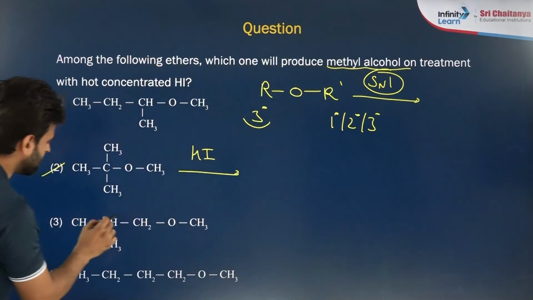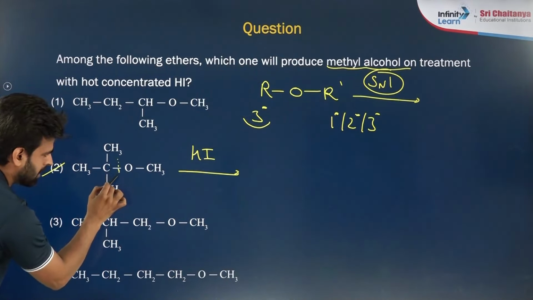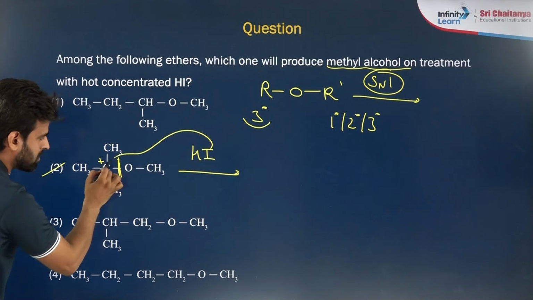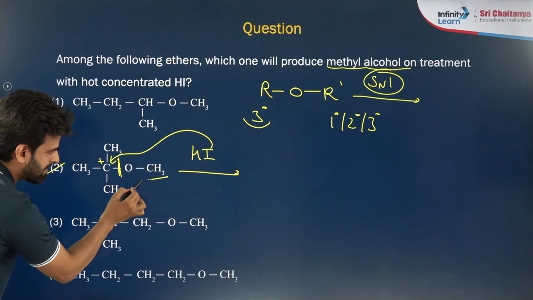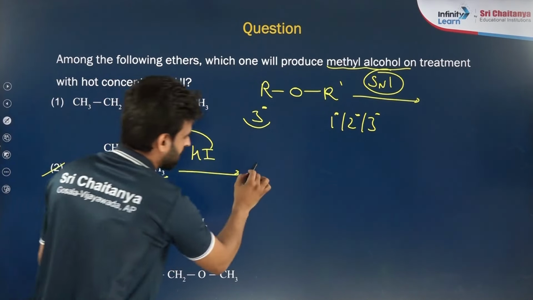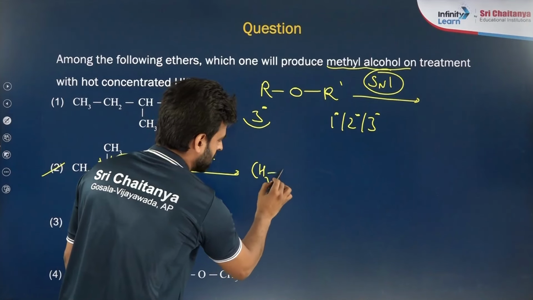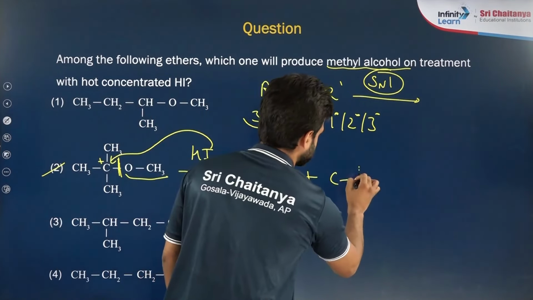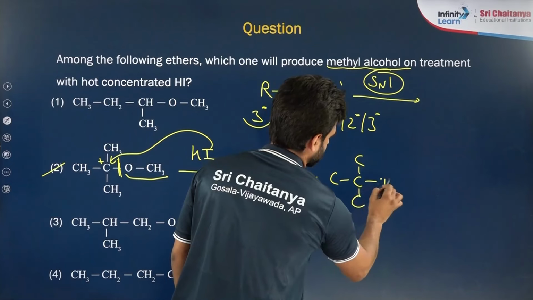So in this case, I will break from here so that a tertiary carbocation will be formed, right? So if the bond breaks from here, the I will attack on this and the CH3 will have O. So my final answer is what? CH3OH, which is our target to make, right? And the remaining thing is C, C, C and C.